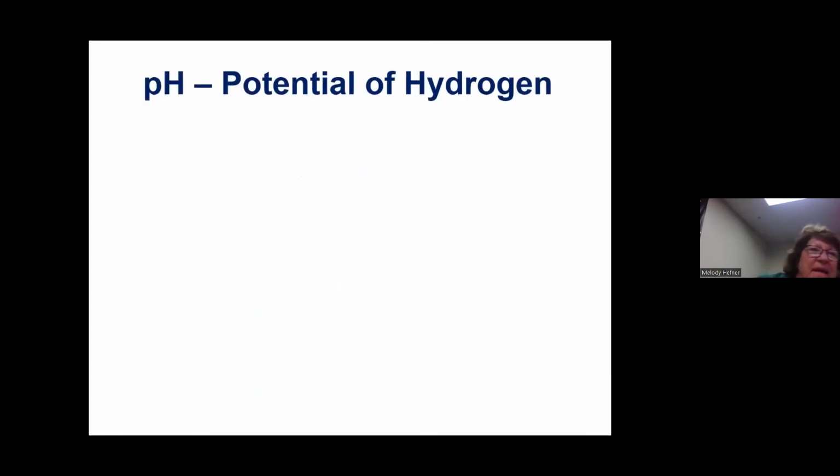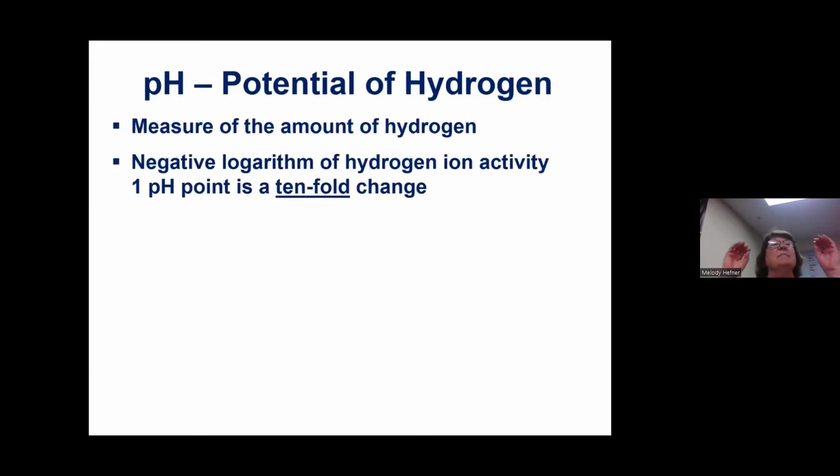So again, pH stands for the potential of hydrogen. It's a measure of the amount of hydrogen. It's reported, because they wanted to make this as complex as possible, as the negative logarithm of hydrogen ion activity. Remember that 1 pH point is a 10-fold change.